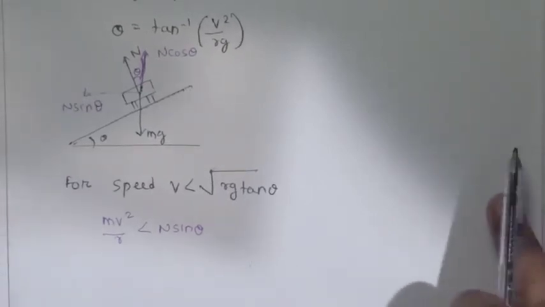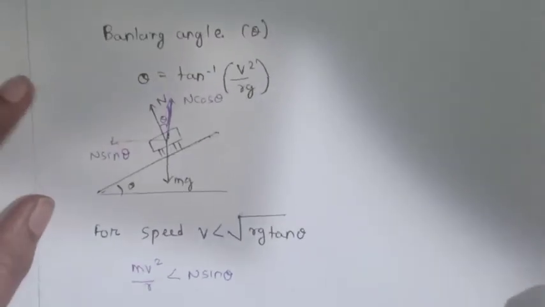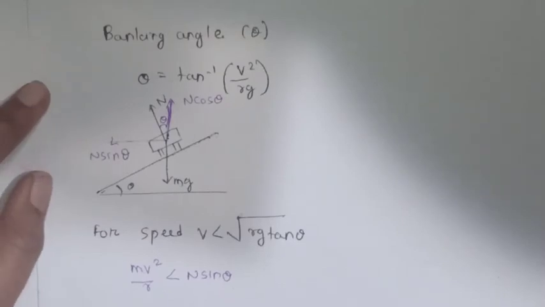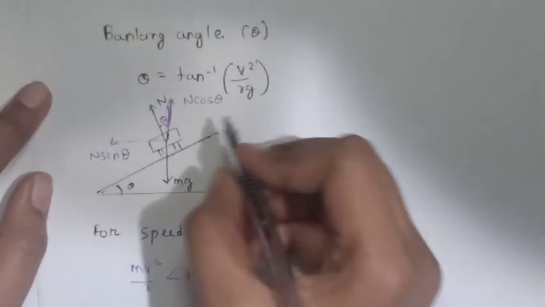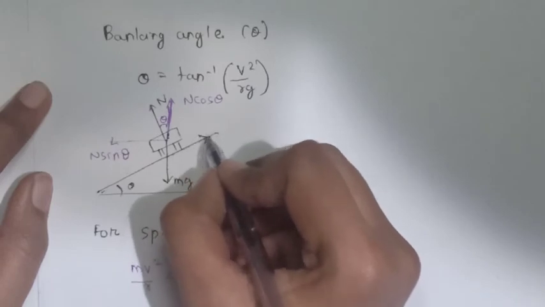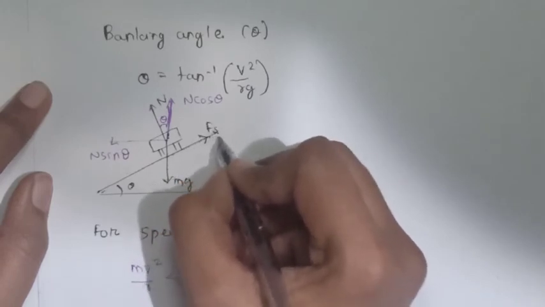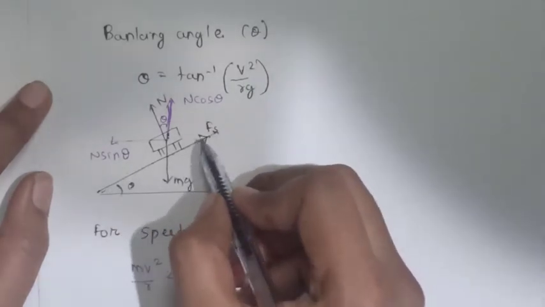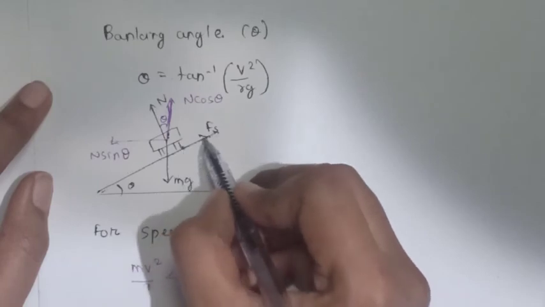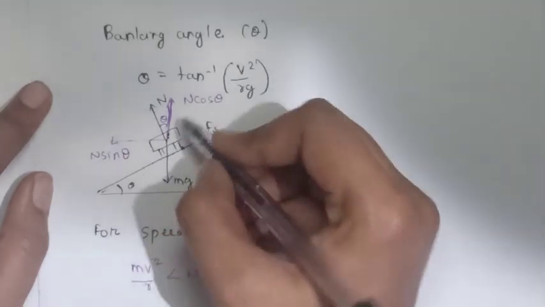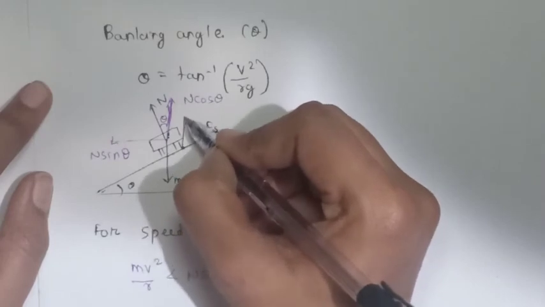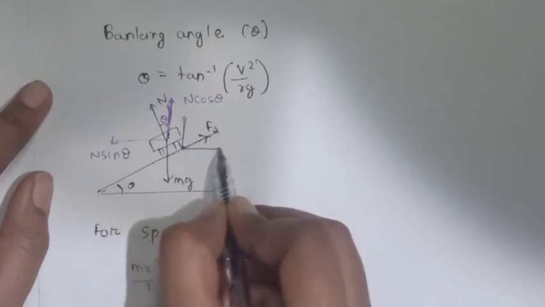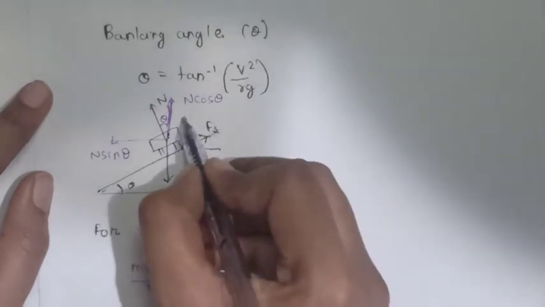So the direction of frictional force will be along the inclination of the road, and it will be upward. Again this is the resultant, so this force originates from this part, and it can be resolved into two components. It will be like this: one resolved into the vertical component, and this one into the horizontal component.